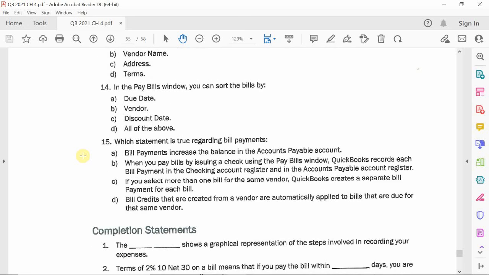Last but not least, number 15, which statement is true in regards to bill payments?